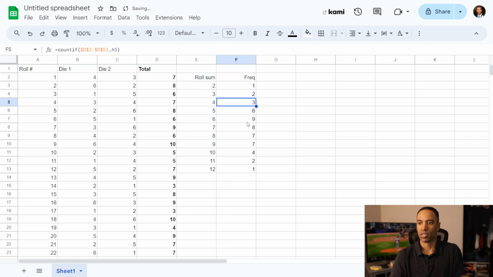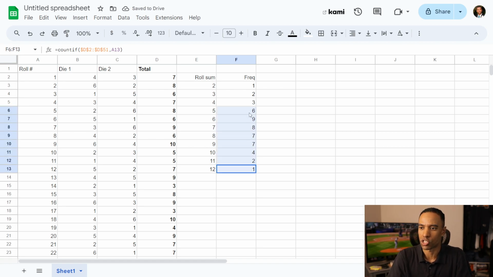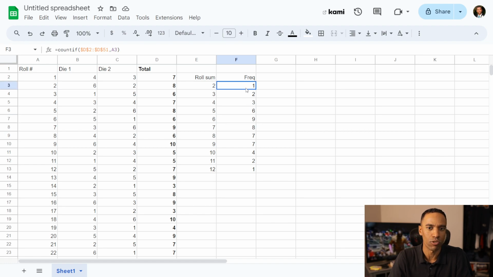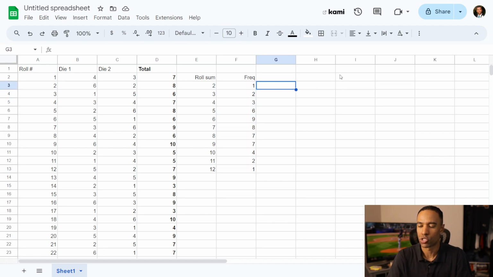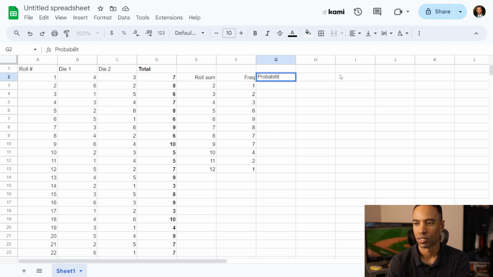So let's compare these. So check this out. As it spreads out, 6 got the most instead of 7, but you see that spread trend upwards and back downwards through the experiment. So the probabilities, let's see, experimental probability and theoretical probability.